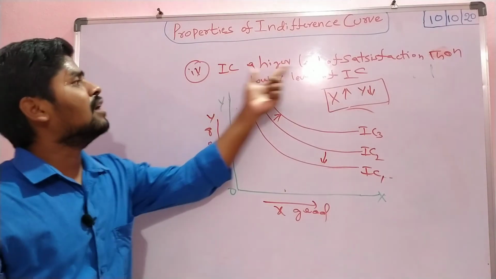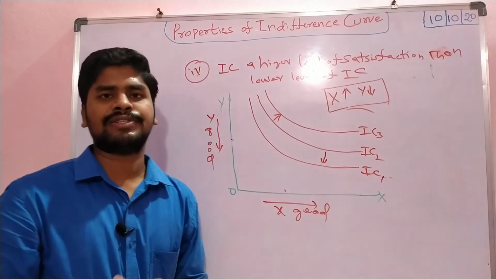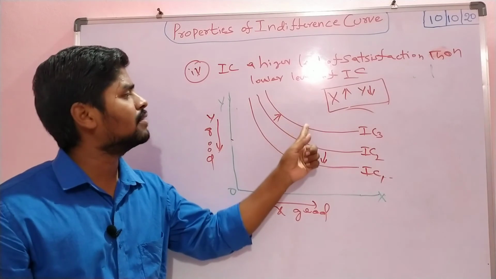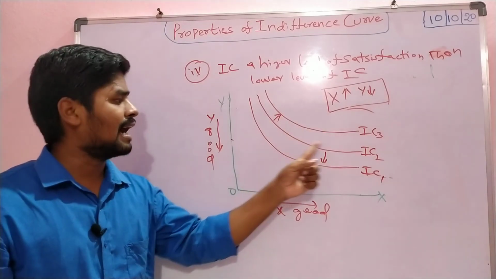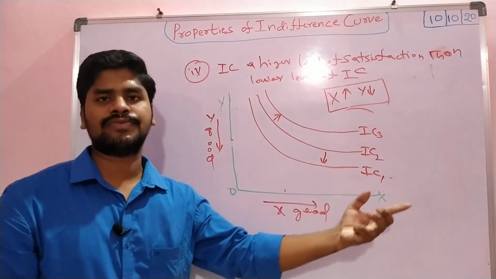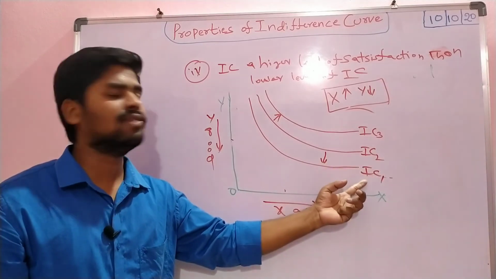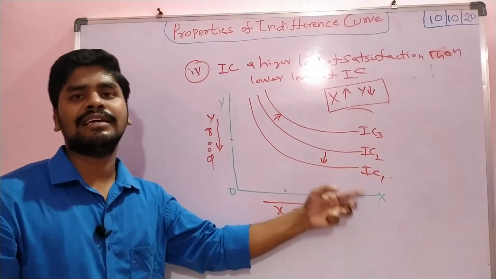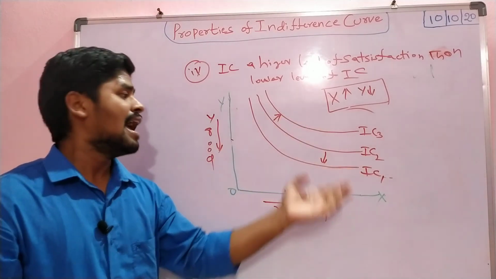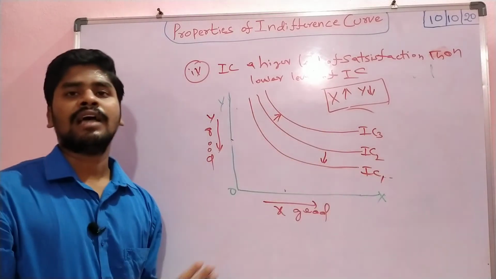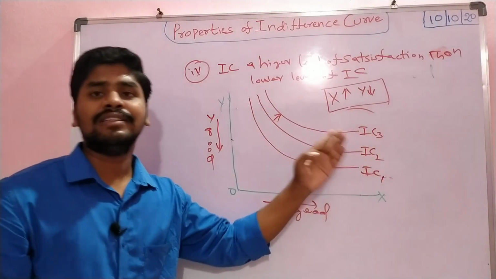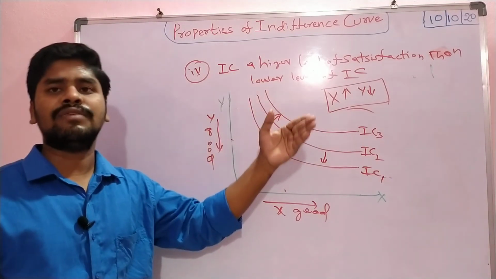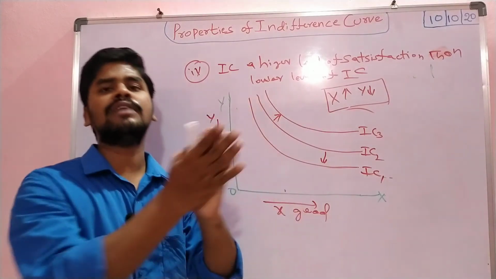So a higher indifference curve gives a higher level of satisfaction than a lower one. Compared with IC2, IC3 gives higher satisfaction. IC1 is less satisfaction, IC2 is higher satisfaction than IC1, and IC3 is higher than IC2.